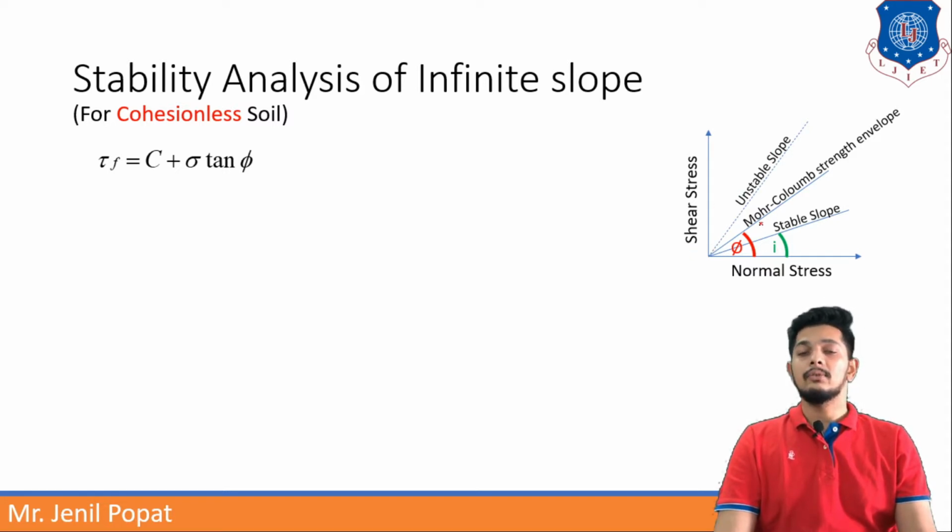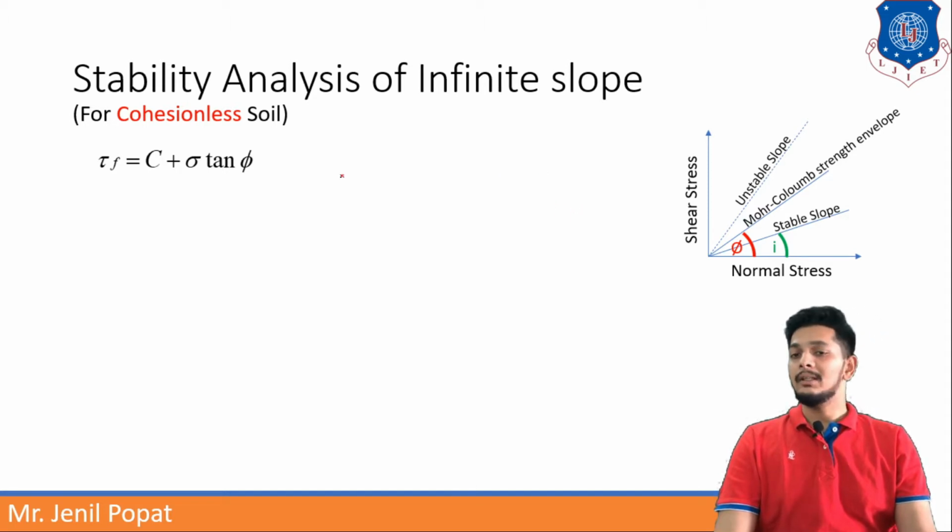If your graph is going above the strength envelope, it will be an unstable slope, and if your graph is going below the strength envelope, it will be a stable slope.